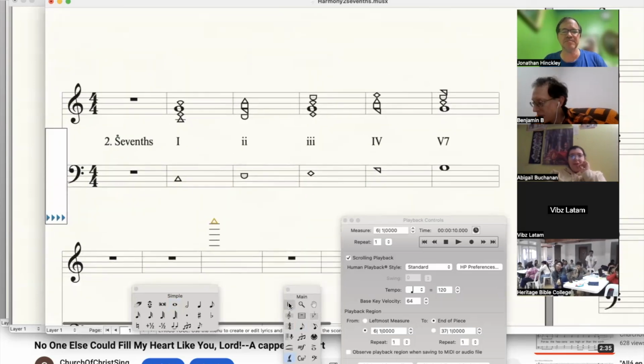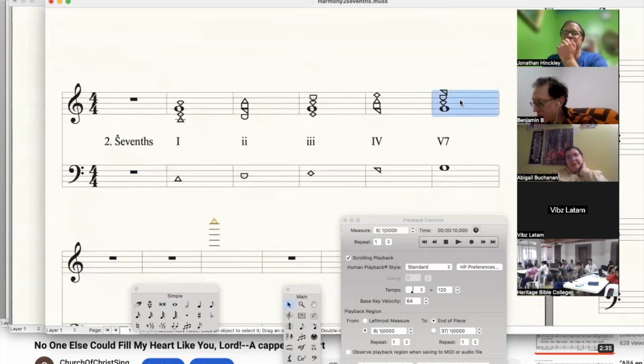Yes, question? Is that chord called a fifth, or is it called a 5? It's called a 5. That's why we're going over the vocabulary, because yes, it can get confusing. In music, we just call it the 5.